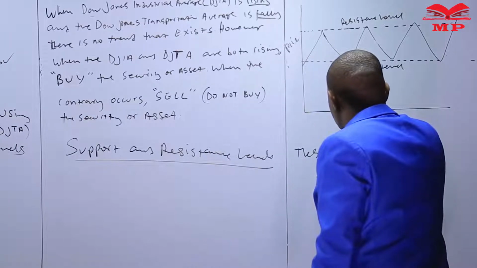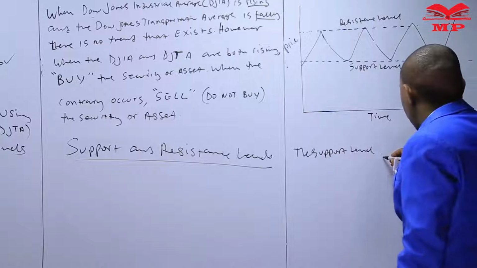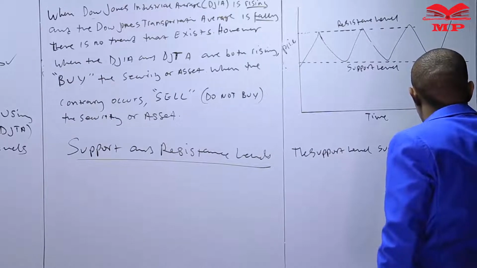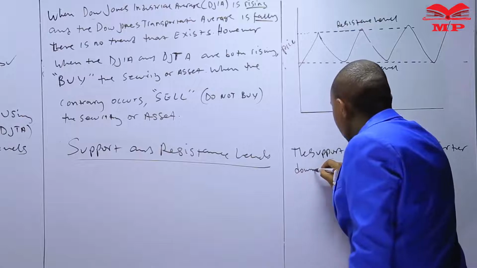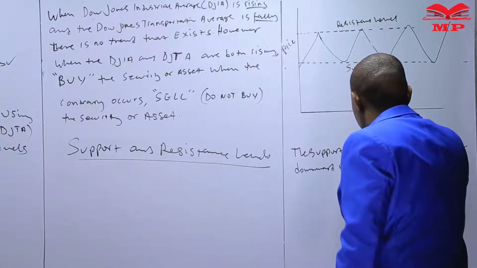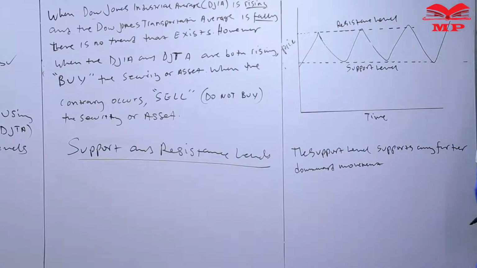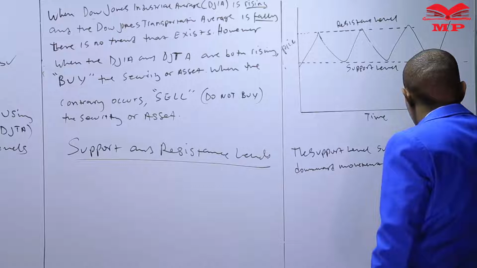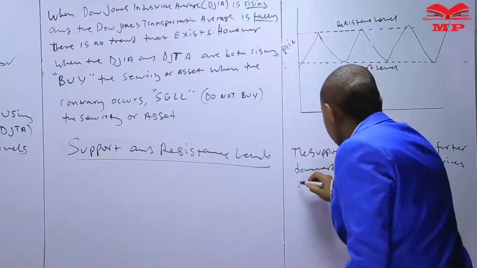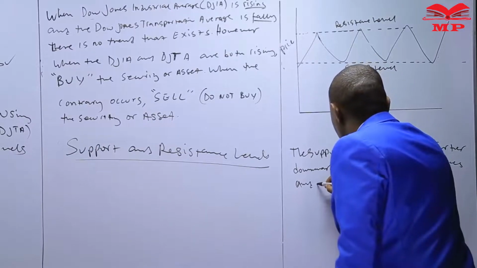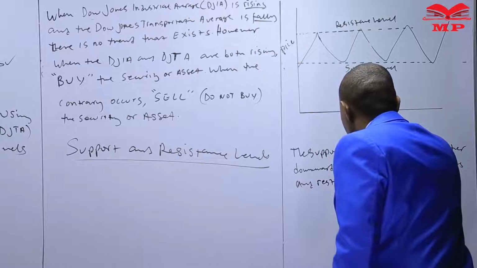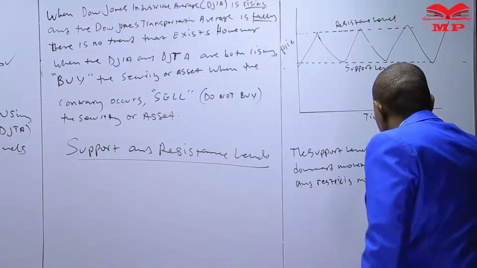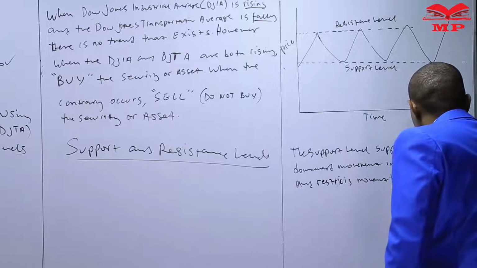You can say the support level supports any further downward movement in security prices and restricts movement beyond that point.